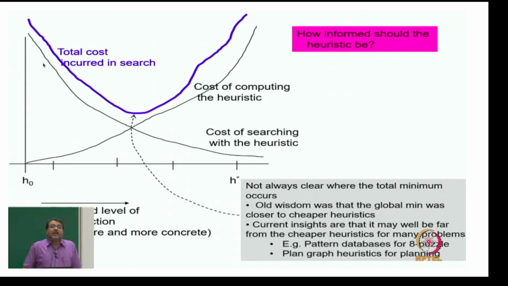But what happens with the searching with the heuristic? If your heuristic is becoming more powerful, the cost of searching would decrease, right? So computation cost increases because the heuristic is becoming more meaningful, but the cost of searching would reduce because you are going towards the optimal one.